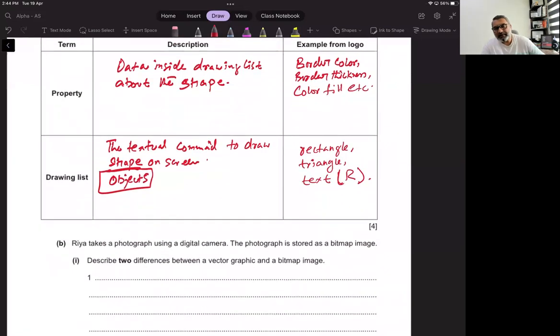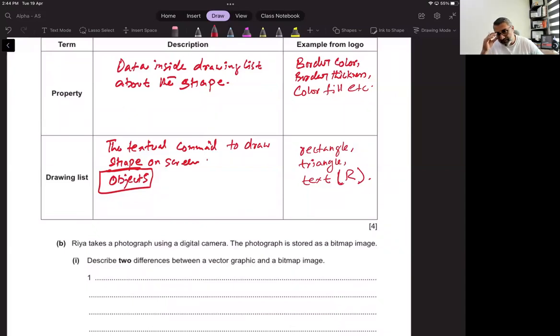Remember in vector graphics, only geometrical shapes, only 2D geometrical shapes. In vector graphics, it is not saved as colors or pixels or resolutions or whatever. It is rather saved as the textual commands called drawing list. Having their properties, the system reads that command and obeys that command, creates that shape on the screen.